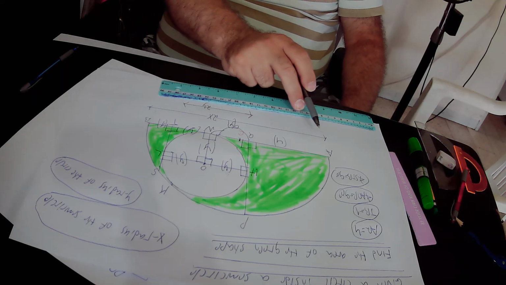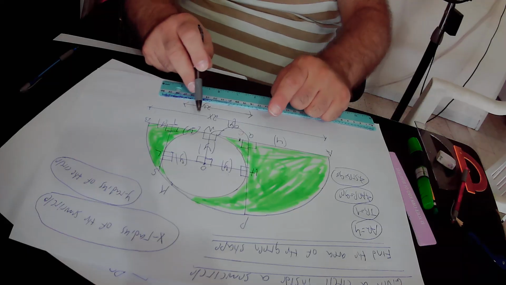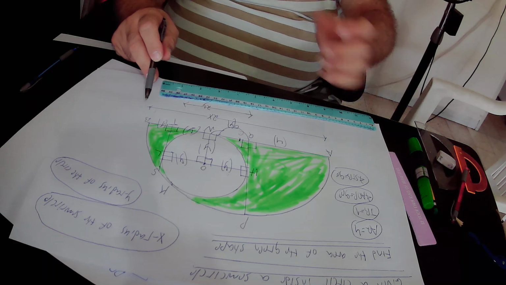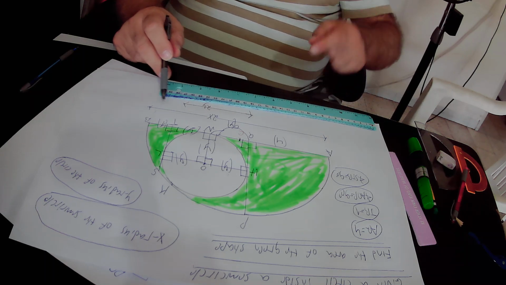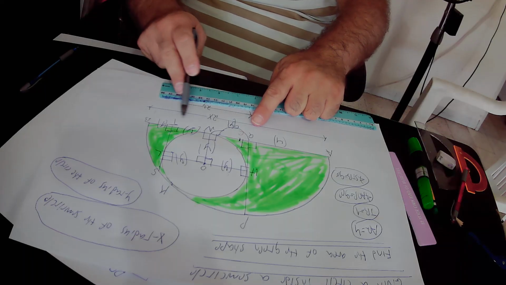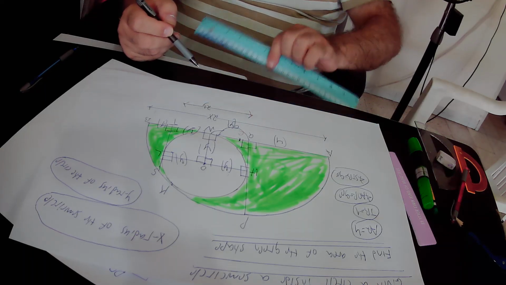AB is the diameter, it is absolutely a straight line, and QT is part of the straight line AB. A part of a straight line must also be a straight line. So QT is a straight line, and therefore QT in total equals y plus y, that is 2y.